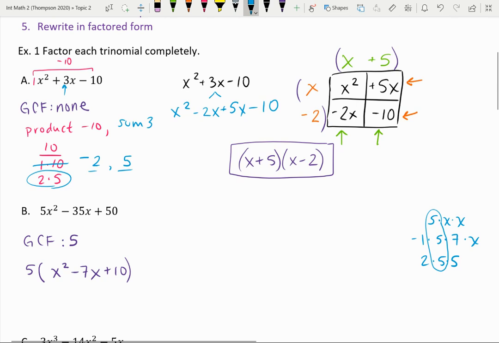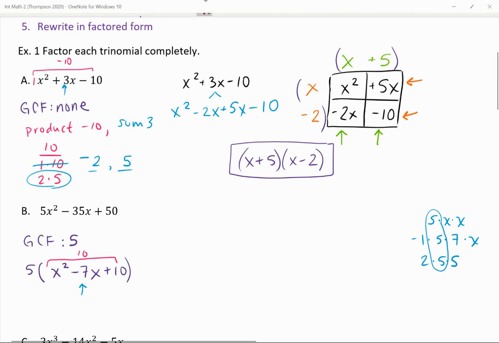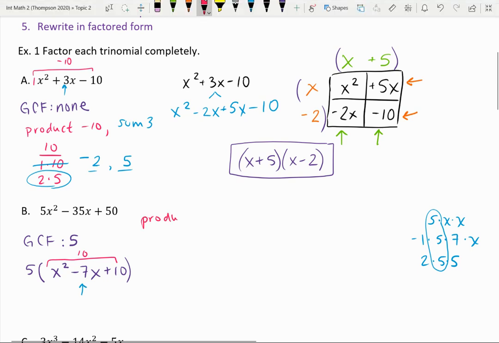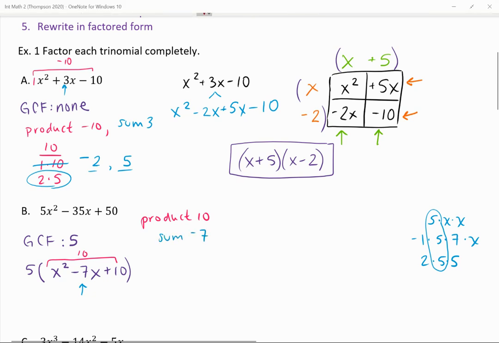Step 2. I am going to use the product-sum to find two new numbers to split up my middle term. I have 1 times 10, and then I've got a negative 7. So I am looking for two numbers with a product of 10 and a sum of negative 7.